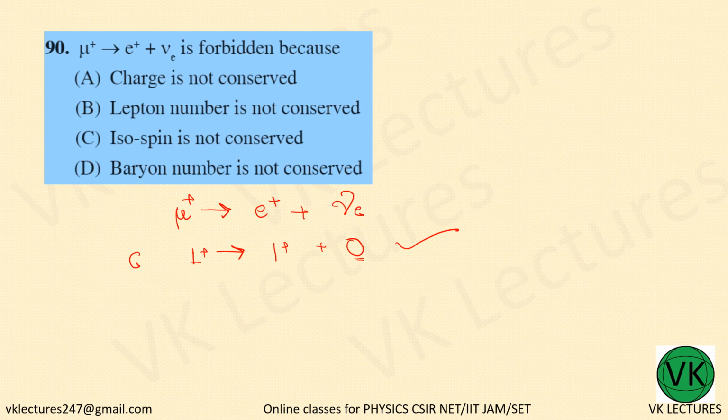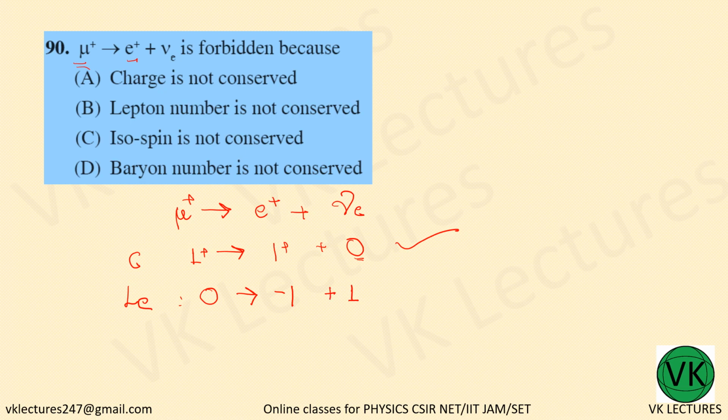Now about lepton number of electron. On the left hand side there is no electron particle, so 0. Electron plus, that is e plus, what is the lepton number? Minus 1. Electron neutrino plus 1.